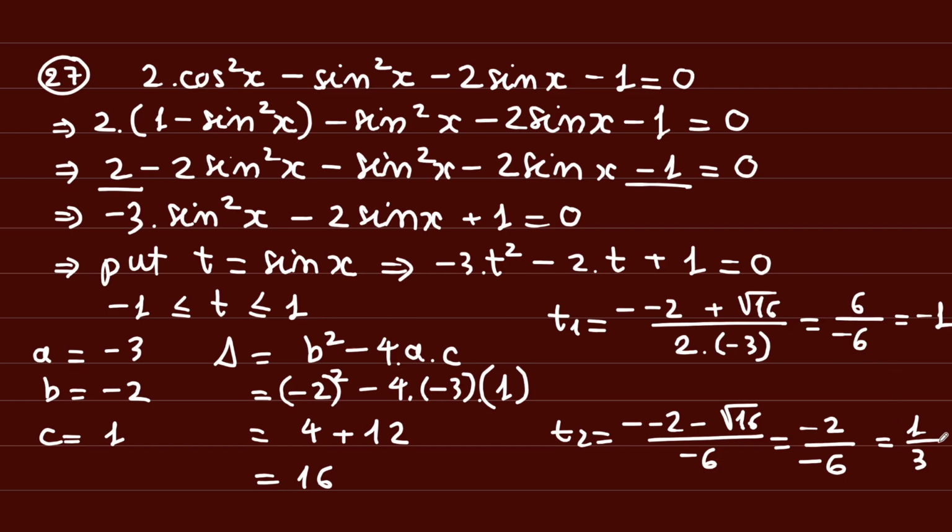Yeah, 1 over 3 and minus 1 both belong to this interval. So we can accept this one, and this solution is also accepted. Come back to sine x: minus 1 and 1 over 3. Sine x equal to minus 1 and sine x equal to 1 over 3.